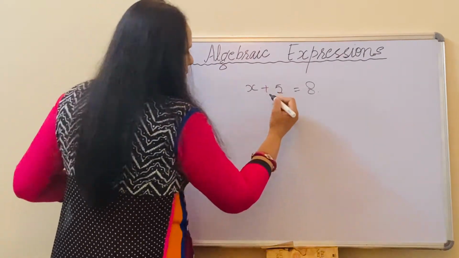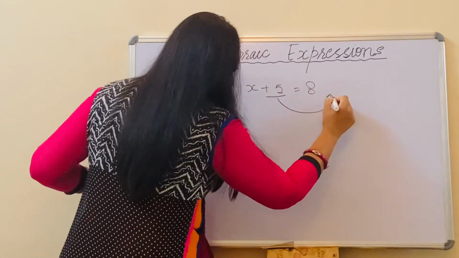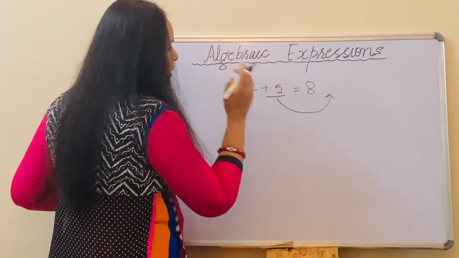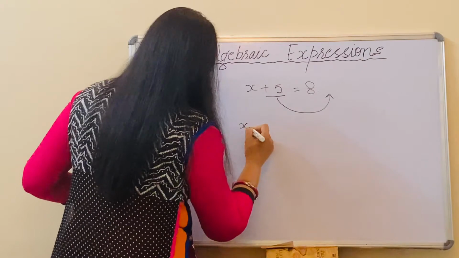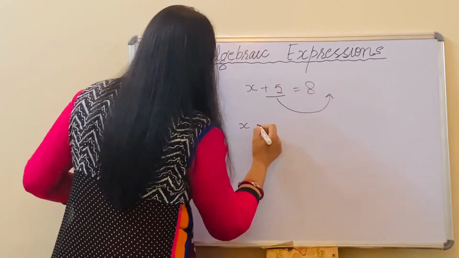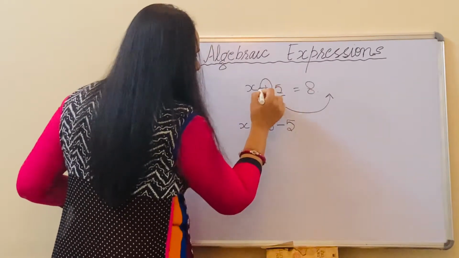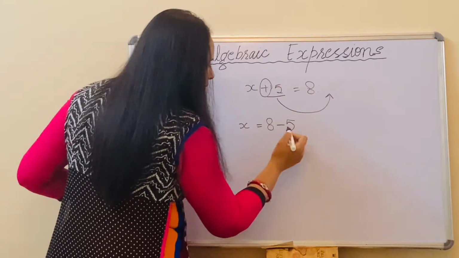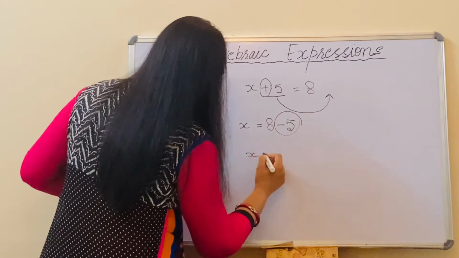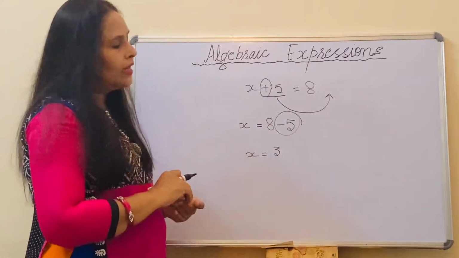What we can do is shift this 5 from the left hand side to the right hand side. While doing this, what we have to keep in mind is that when we are shifting plus 5 from left hand side to right hand side, we have to change its sign. On the left hand side it is having a plus sign. Now on the right hand side it is having a negative sign with it. So the solution will be 8 minus 5, which is equal to 3. In this way we can calculate it.